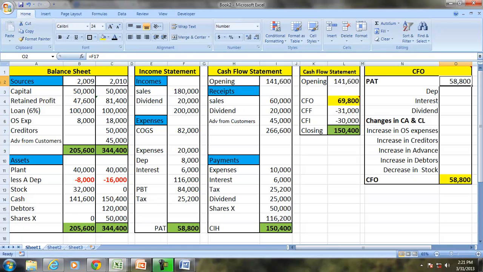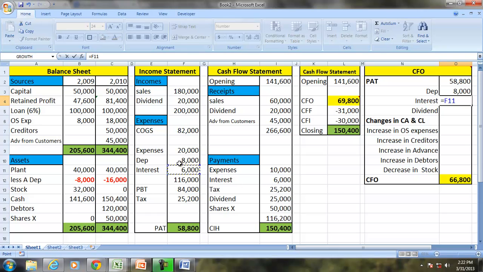We know that PAT is not same as CFO because of non-cash items like depreciation, non-operating items like interest, dividend, and the changes in the working capital or changes in the current assets and current liabilities which reflect the credit transactions. So in this case depreciation is 8,000, we added back because we deducted while computing PAT.